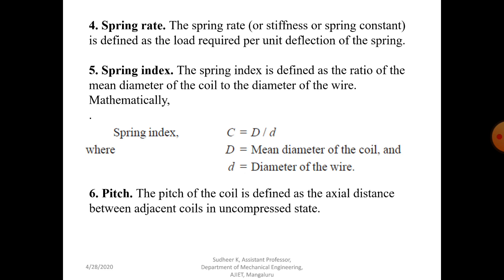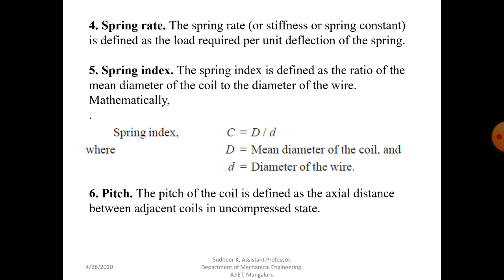So a value lower than 3 is too dangerous. There will be excessive stress due to curvature effect, and such a spring is very difficult to manufacture, and there will be a crack in that particular spring.